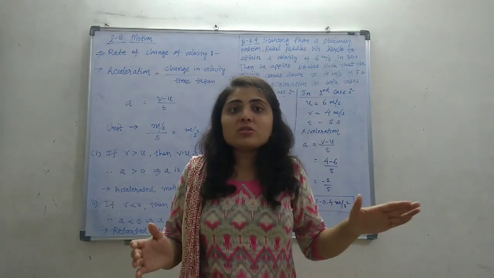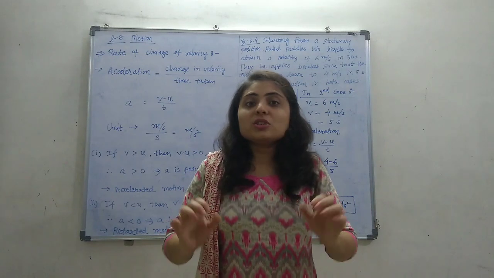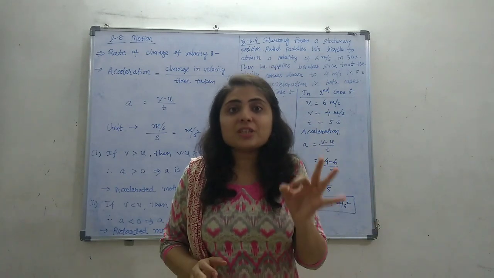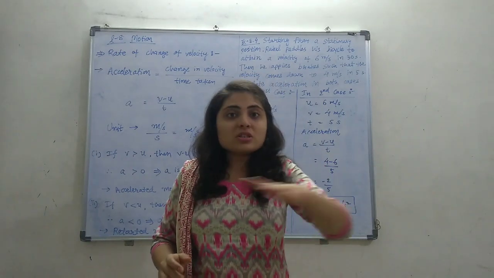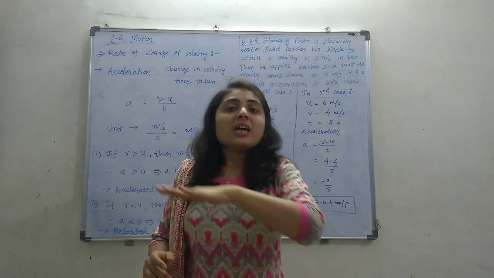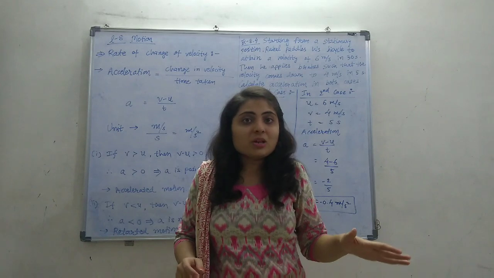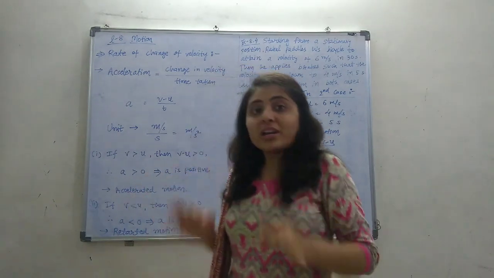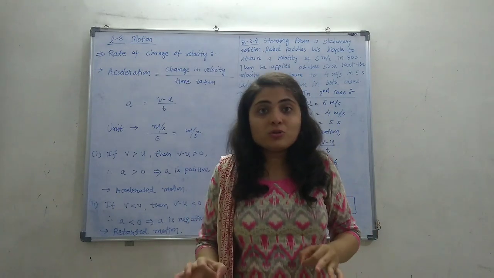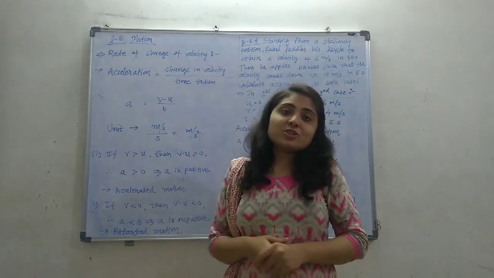If the velocity is constant, there is no acceleration. The acceleration is zero for constant velocity motion. That means if there is no change in speed and velocity, then acceleration is zero. But wherever the speed changes in a non-uniform motion, acceleration is produced.